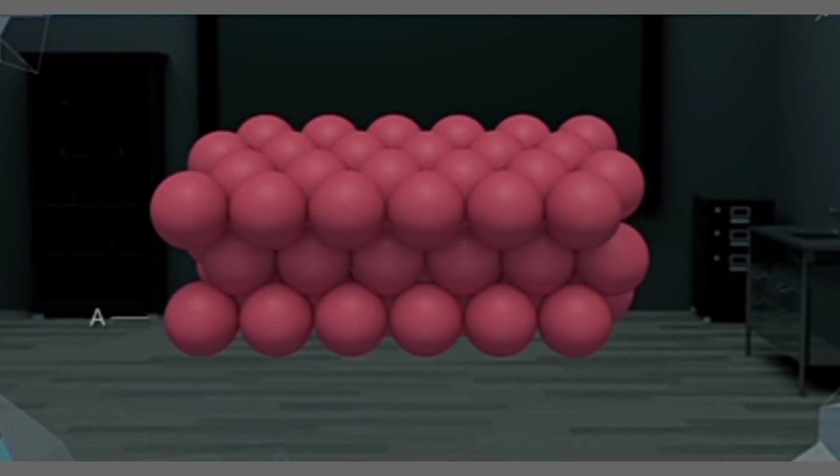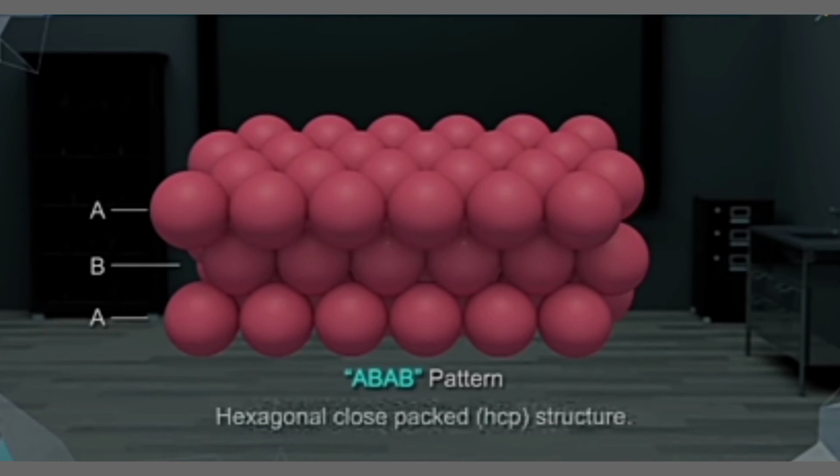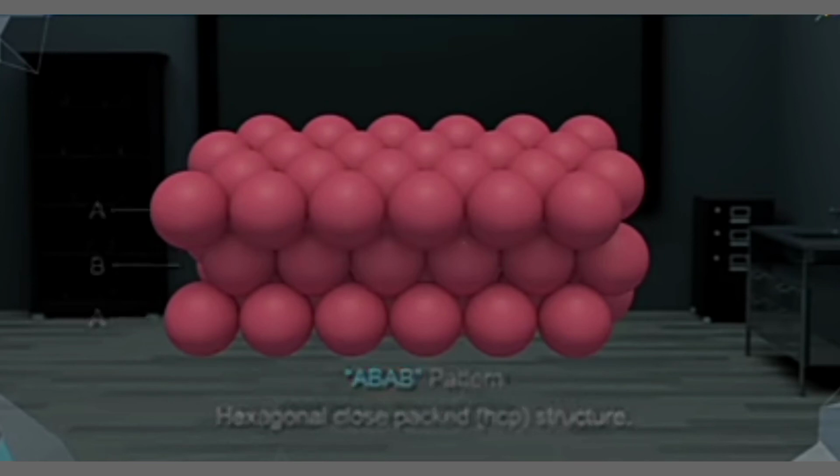So, if we call the first layer A type and the second layer B type, then the third layer will also be A type. As the pattern of spheres is repeated alternately in other layers, the pattern is known as ABAB type, and the structure formed is the hexagonal close-packed HCP structure.